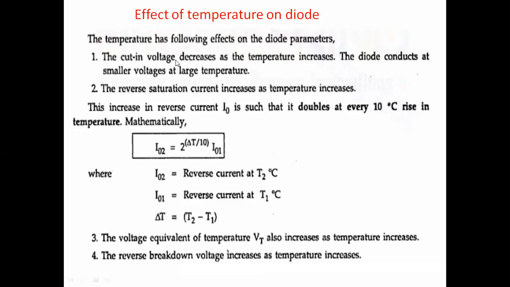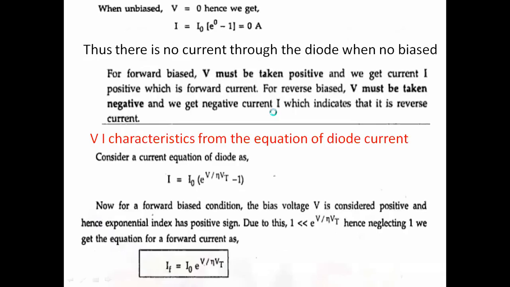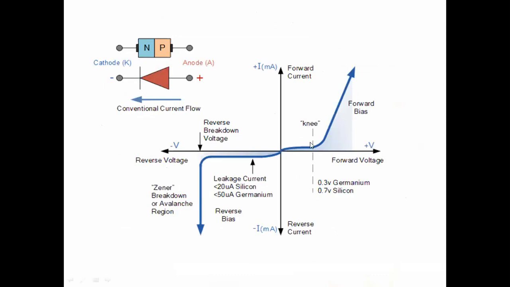As the temperature increases, the cut-in voltage decreases. The diode conducts at a smaller voltage at a large temperature. The cut-in voltage is the point where the current suddenly rises as the voltage increases, called the cut-in voltage or knee voltage.